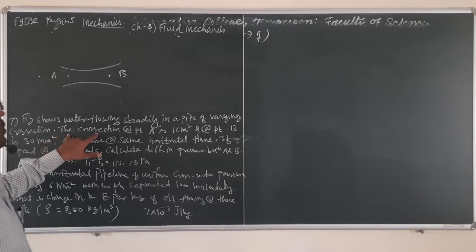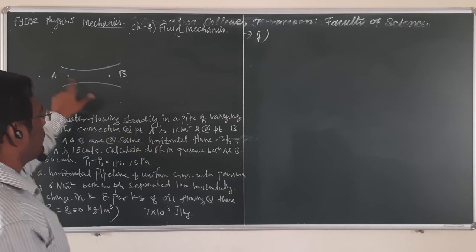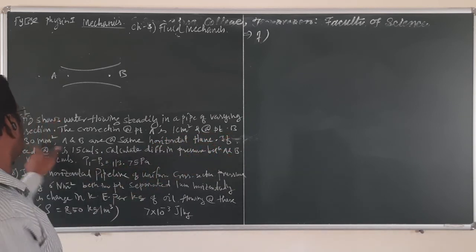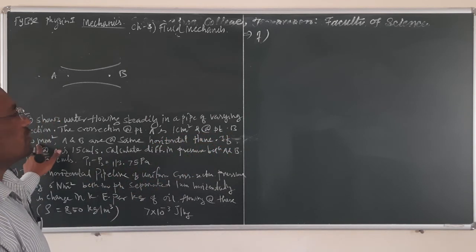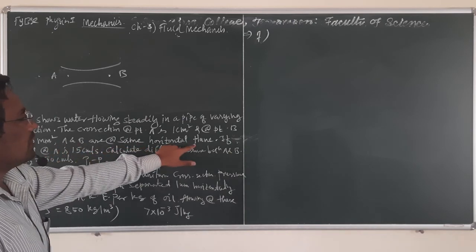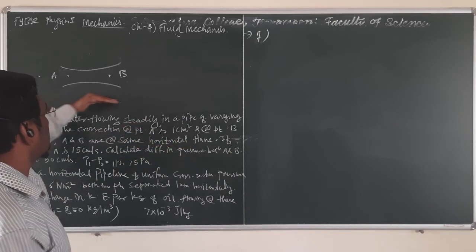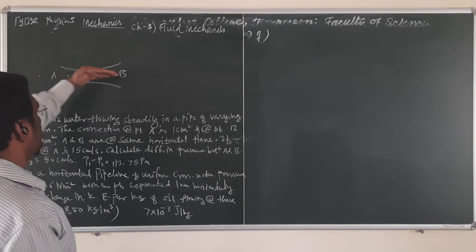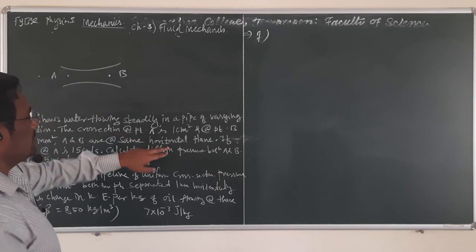The cross section at point A is 1 centimeter square and at point B is 30 millimeter square, A and B are at the same horizontal plane. So the height of points A and B is horizontally the same.